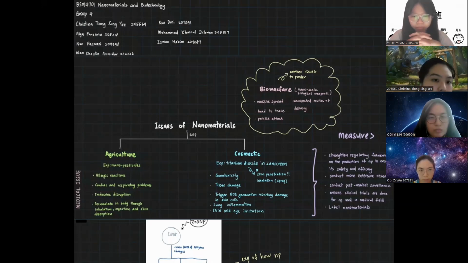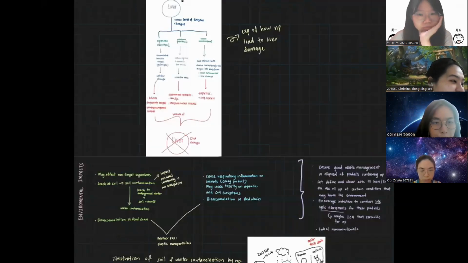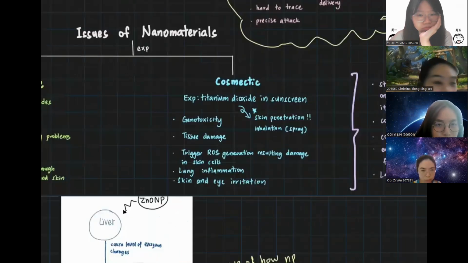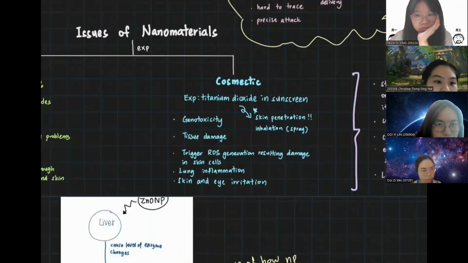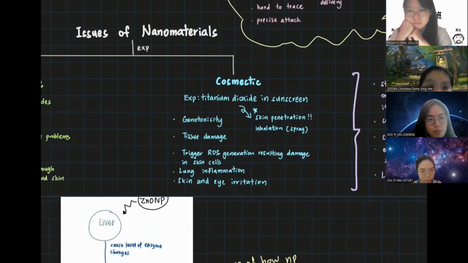So this is the mind map for our group. We have listed many points, so let me summarize for all of you. Let's take the example of titanium dioxide in sunscreen to discuss the potential medical concerns and environmental impacts. Given that titanium dioxide is at the nanoscale, have you ever considered the possibility of it penetrating into our skin?